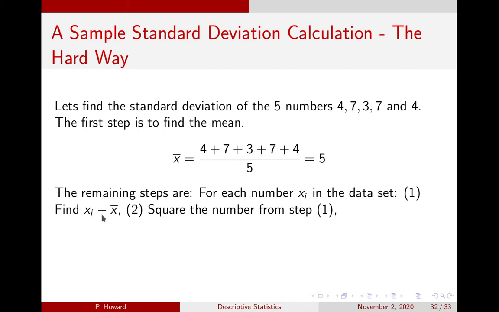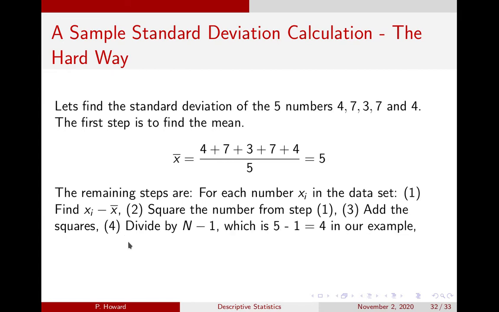You square this number obtained by subtracting the mean from the data set number. And then 3, you add the squares. 4, you divide by n minus 1. In our case, there are 5 data numbers, so capital N is 5. So n minus 1 would be 4. And then finally, you take the square root. So several steps are involved in this process.